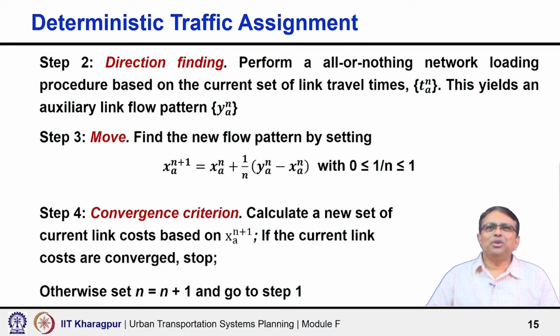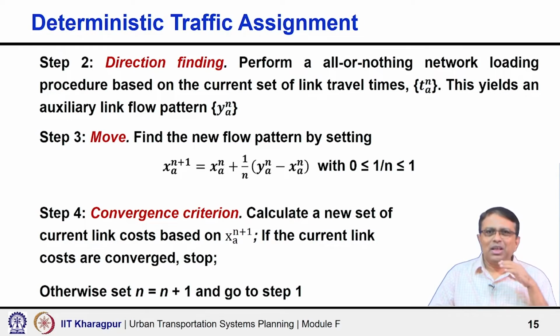So, perform an all or nothing network loading procedure based on the current set of travel times, and this yields a flow; we will assign it to the shortest path. You remember incremental assignment and the modified capacity restraint assignment, where we did not change the travel time drastically.